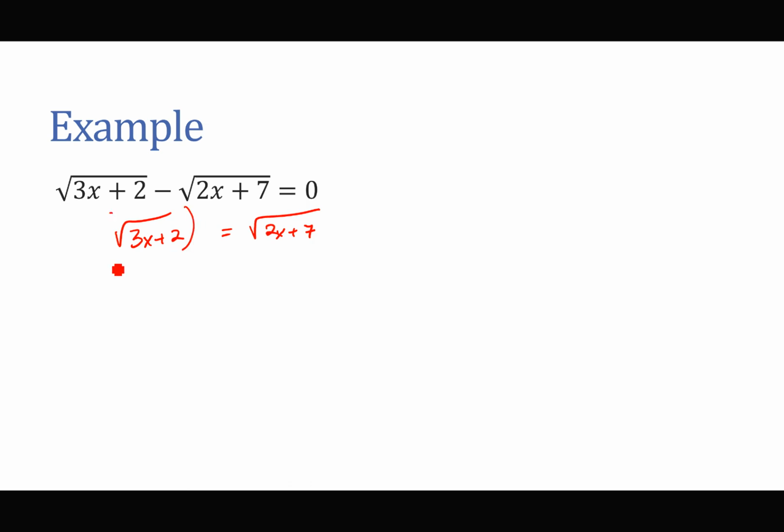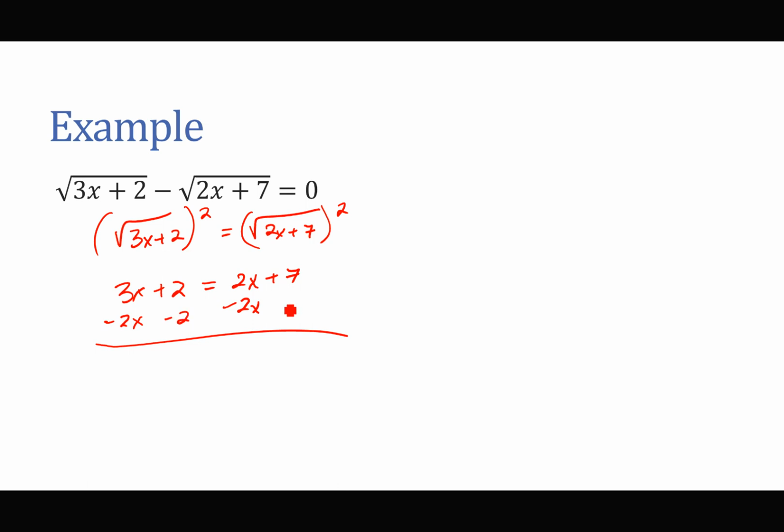Well, if I'm going to undo that squaring, square root, I'm going to square both sides, and then boom. Now all I have is 3x plus 2, 2x plus 7. No quadratic I have to worry about. All I have to do is a simple solve, so I'll subtract 2x from this side, subtract 2x from this side. But then I want to get x's on one side, numbers on the other side.